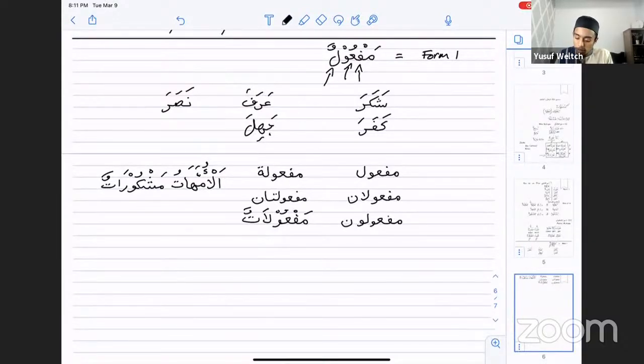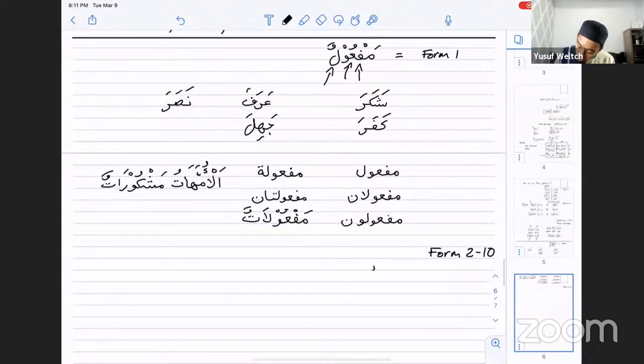Right? Now form 2 to 10 are slightly different. And just like we did in the ism fa'il, form 2 to 10 are made from the mudari', right? However, they're made from the majhul version. So not yu'allimu, yu'allamu. He is taught, right?